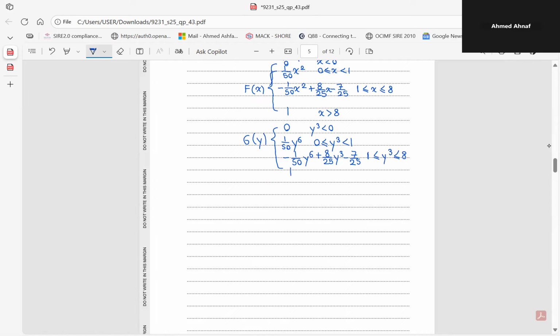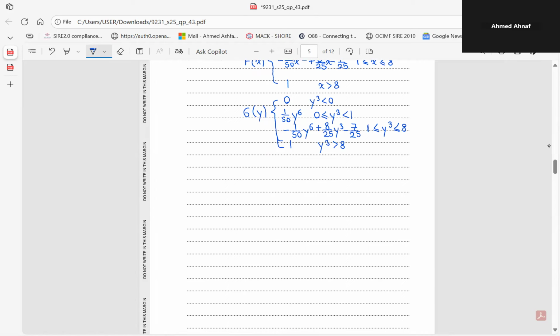And finally, I have 1 for y cubed more than 8. Now let's get rid of the y cubed in the domains. Okay, so this is the cleaned up version.